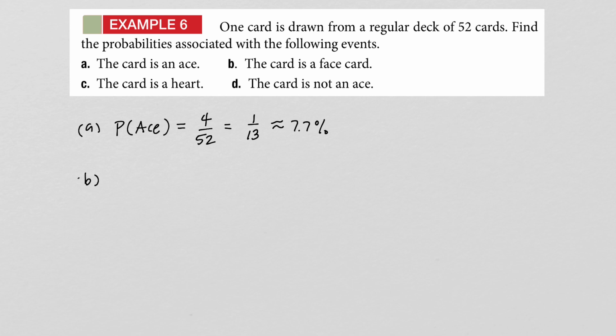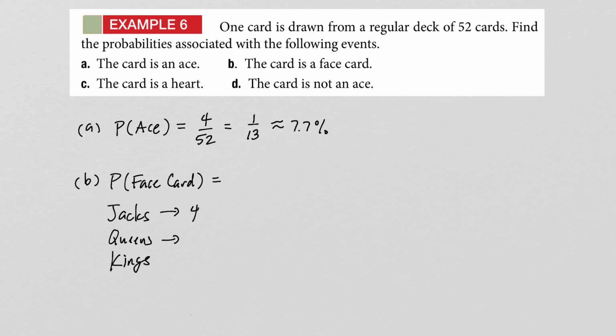Okay, part B. What is the probability of getting a face card? So what is a face card? So you might need to remember back to our previous video where we talked about all the different cards. But face cards are jacks, queens, and kings. And there are 4 jacks, there are 4 queens, and there are 4 kings.